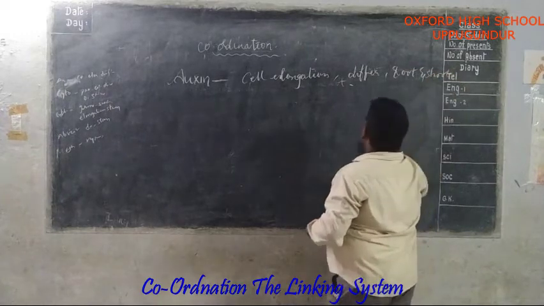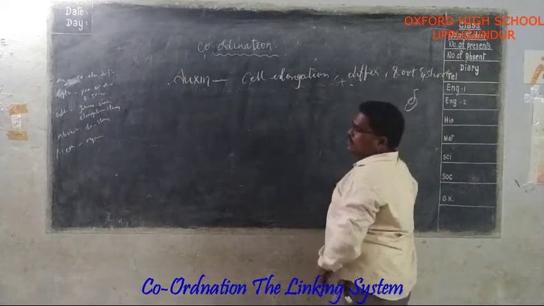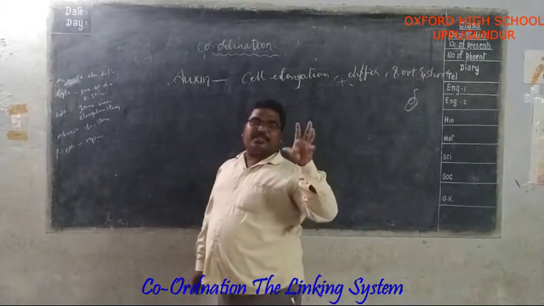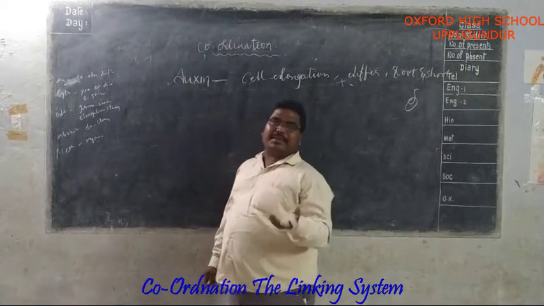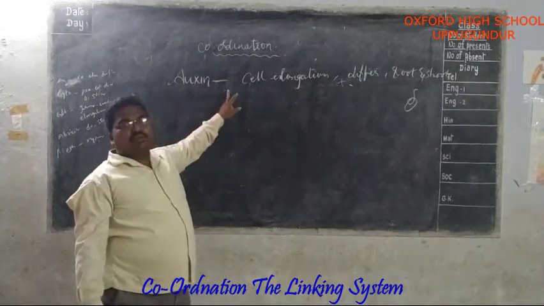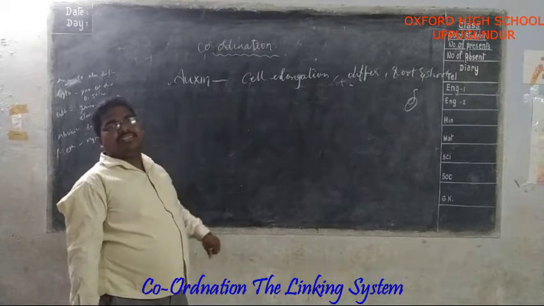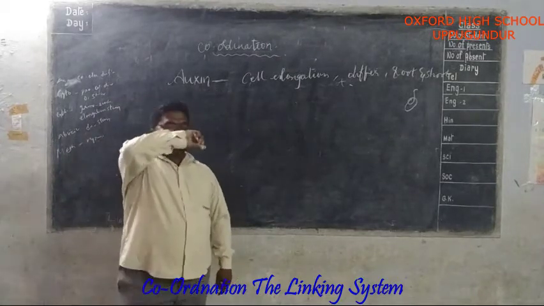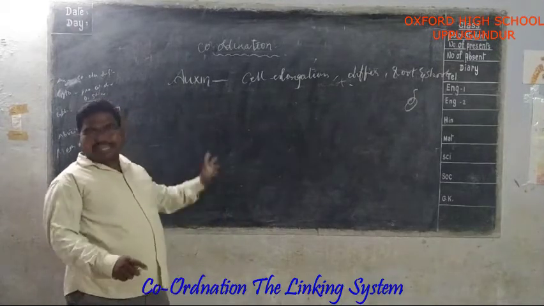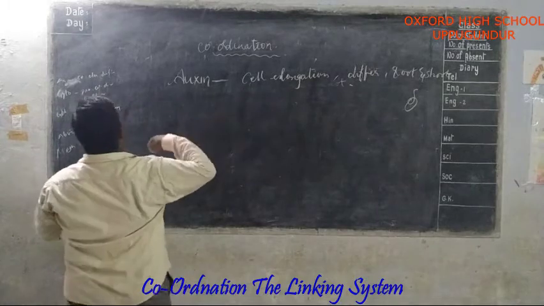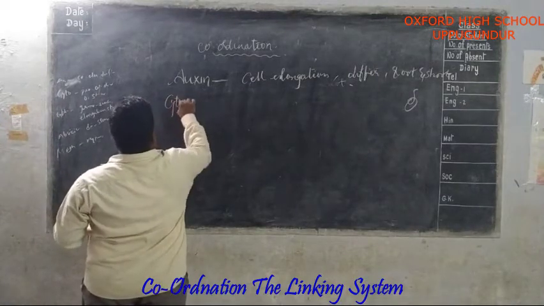When the plant comes out from the seed, the shoot and root are separated, so they are differentiated by these auxins. Auxin is the plant growth hormone. Auxin is the first hormone that was discovered by scientists, the first plant hormone. I will explain about it later. So: cell elongation, differentiation of roots and shoot.